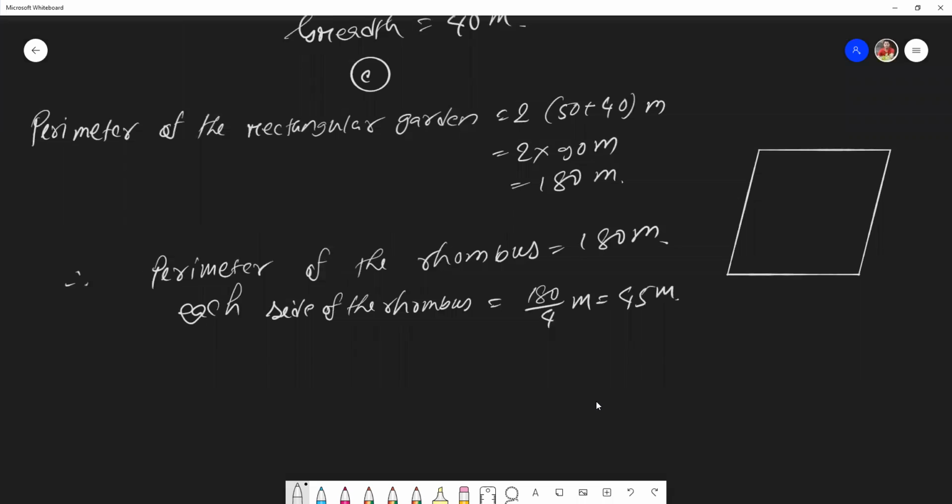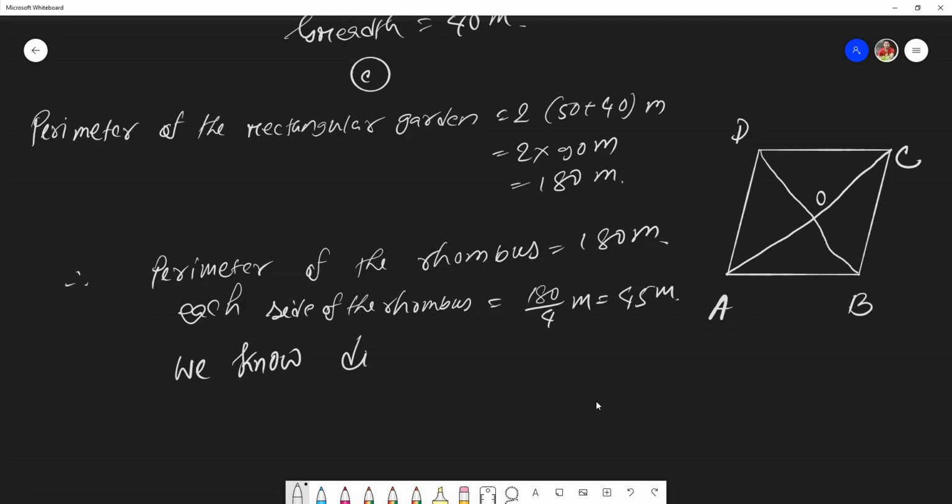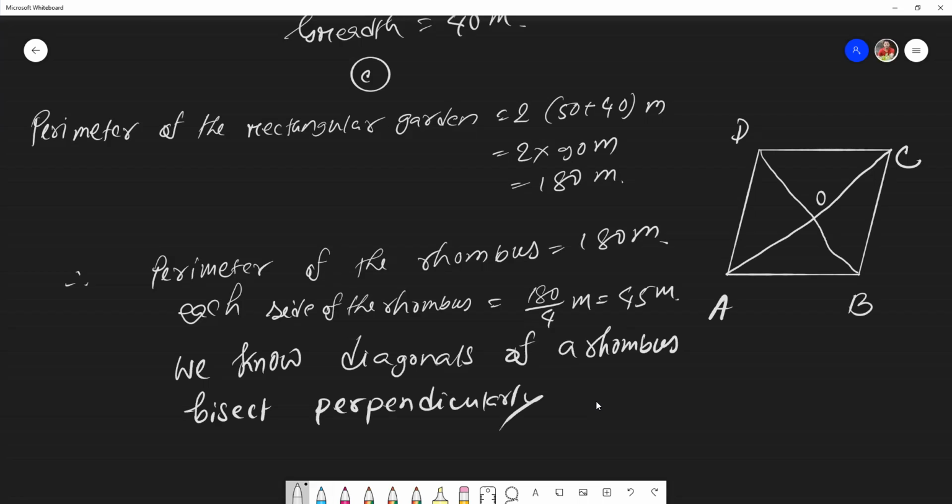So now this is A, B, C, D. This is O, D, and there is O, C. And it's bisected at O. We know diagonals of the rhombus bisect perpendicularly. So OB is equals to half of BD.